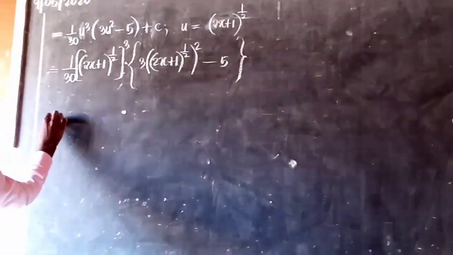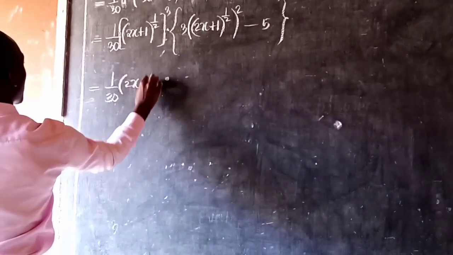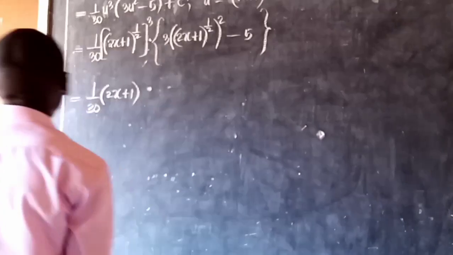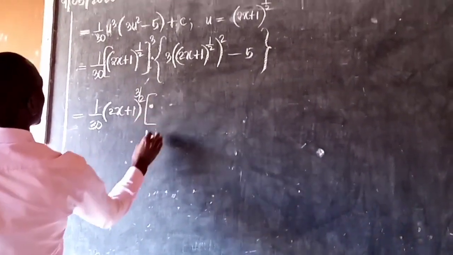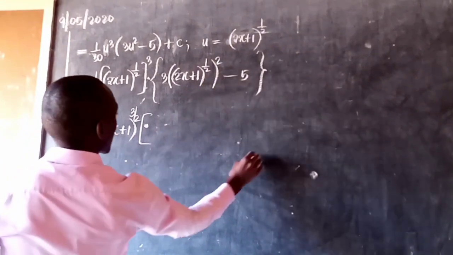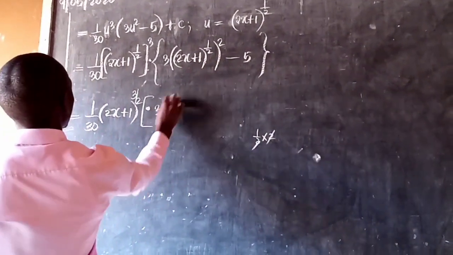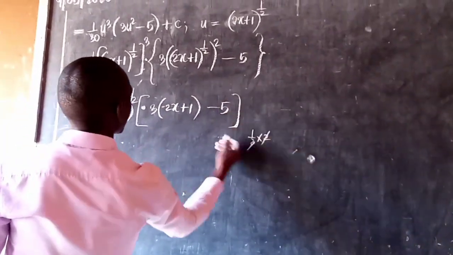So simplifying this, we get 1 over 30 into (2x plus 1) power 3 over 2, into, powers multiplied by indices, a half times 2, you get power 1, so that is 3 into (2x plus 1) minus 5.